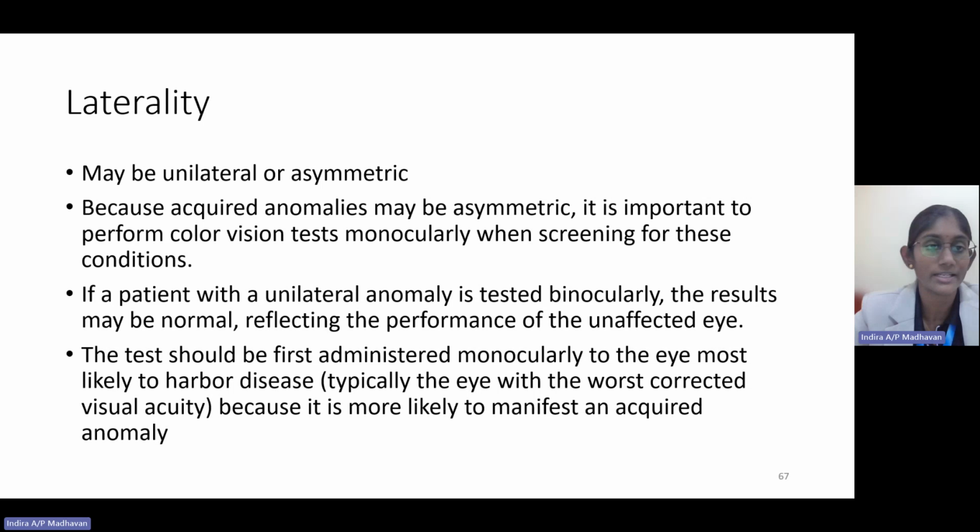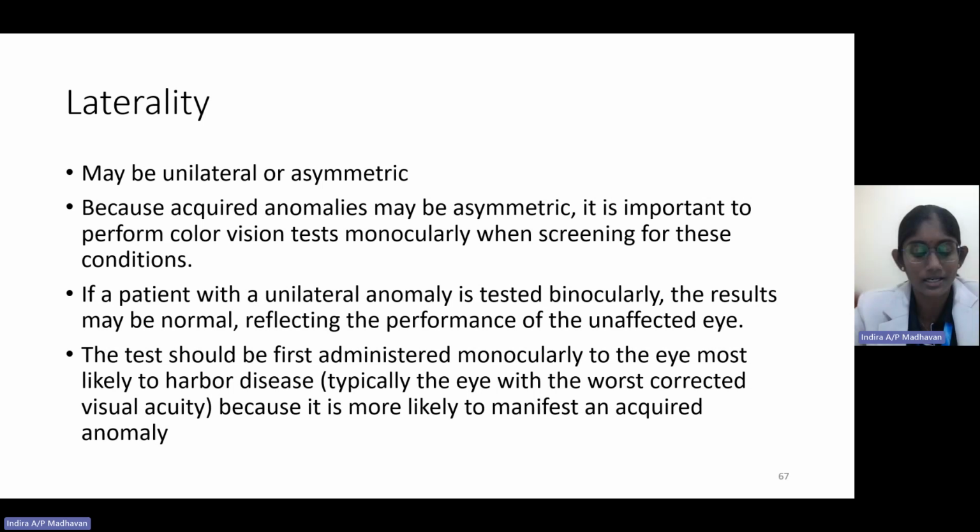Okay, because acquired anomalies may be asymmetric, it is important to perform color vision tests monocularly when screening for these conditions. So if you have a patient that comes into your clinic or practice and has some complaints, when you ask about color vision related complaints, they may mention that only recently they started having color vision anomalies, before that they didn't have anything.